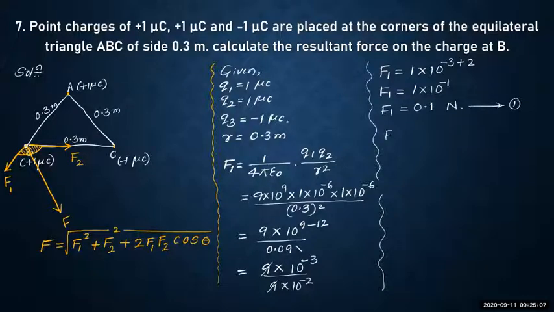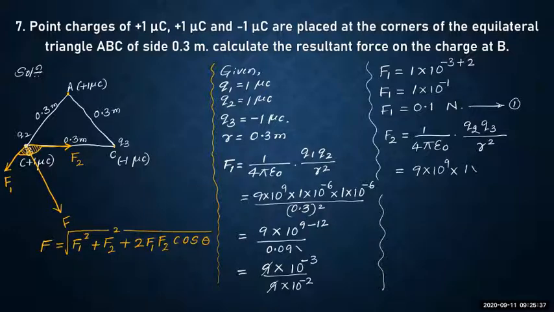Similarly, you calculate what is F2. Write the formula 4 pi epsilon naught into Q2, Q3, because it is the force between the second charge, that is Q2 and Q3 here. Okay, so therefore Q2, Q3 divided by distance is same, no need to worry about that. So it is 9 into 10 raised to 9 into what is Q2?